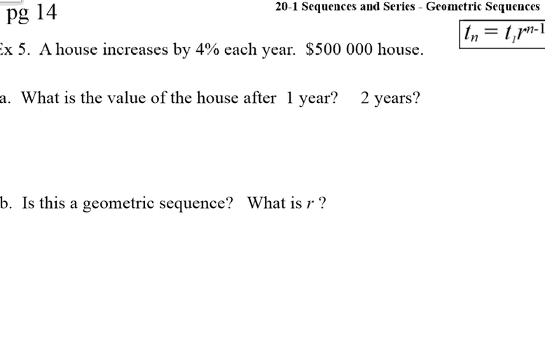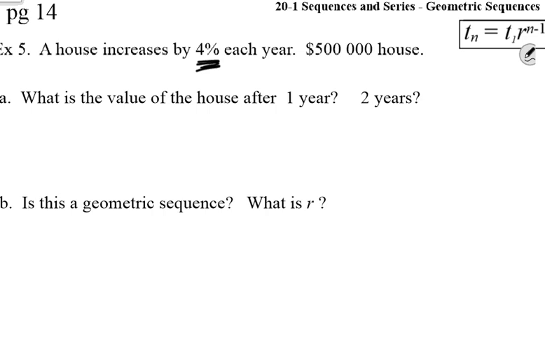Now, we have word problems that are actually fairly practical with a lot of these questions. So we have to be careful because there's a little bit of thinking involved with these. What we have to notice with this question is that a house is increasing by 4% each year. It's a $500,000 house. So the question says, what is the value of the house after 1 year?